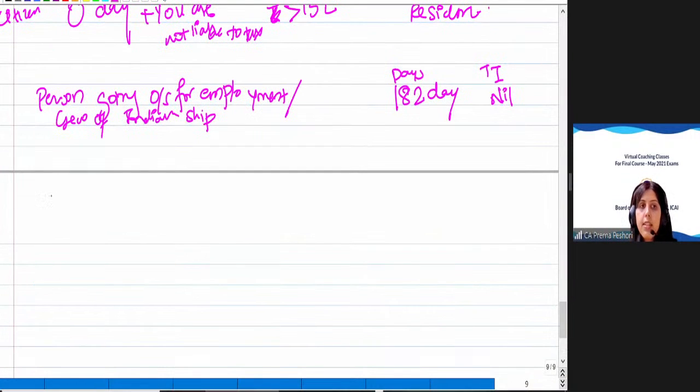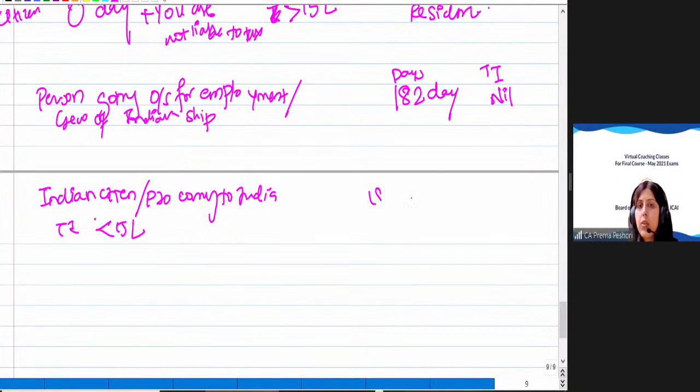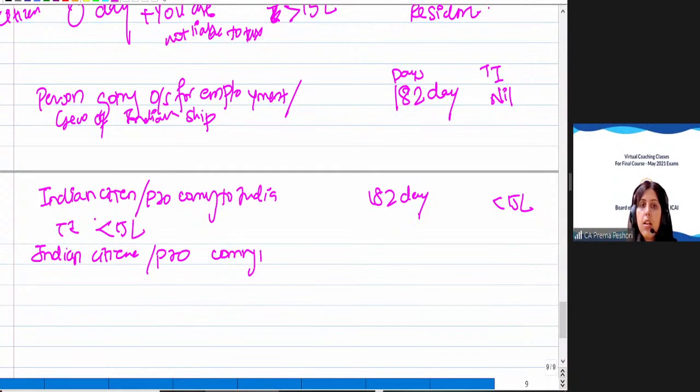For an Indian citizen or PIO coming to India, having total income less than 15 lakh, it is again the 182-day condition, right? Total income less than 15 lakh. For an Indian citizen or PIO coming to India, having total income greater than 15 lakh, it is the 120-day condition, right?